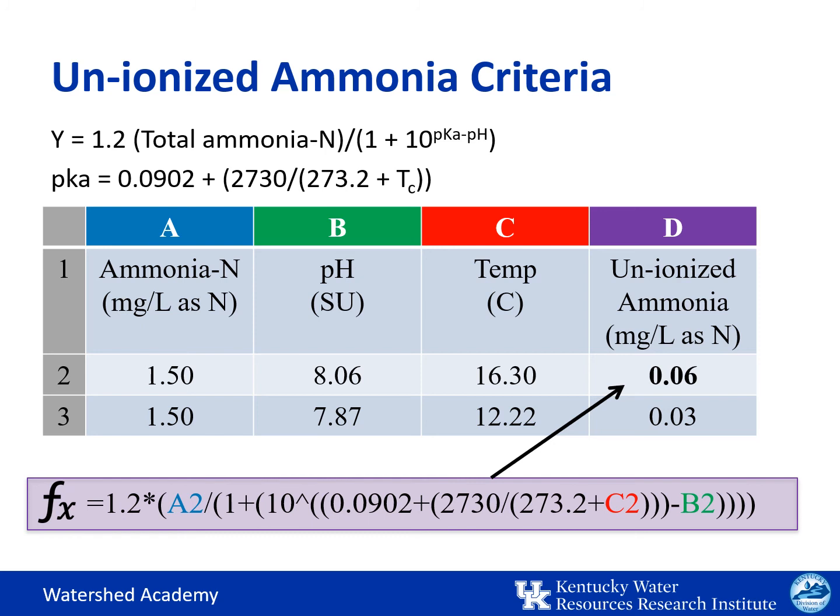So you can copy and paste this equation and drag it down the column in order to compare with the criteria. You can see in this case the same ammonia concentrations at different pHs and temperatures can result in one being an exceedance and the other not.